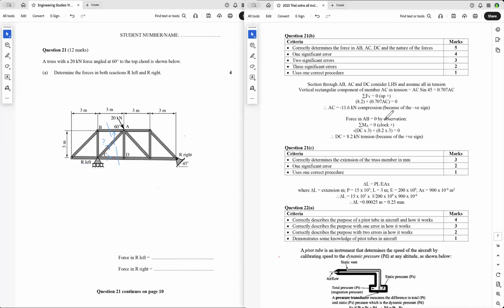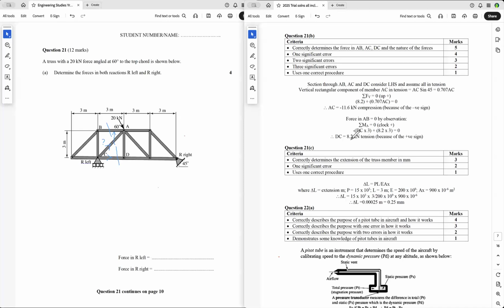And we've mentioned the force in AB is zero by observation. Then to get the force in CD, we take moments about A. So I say the sum of the moments about A equals zero, and clockwise is positive. So we've got DC, which is negative because I've said it's in tension, times 3, the perpendicular distance, plus 8.2 times 3, which is the left reaction, equals 0.